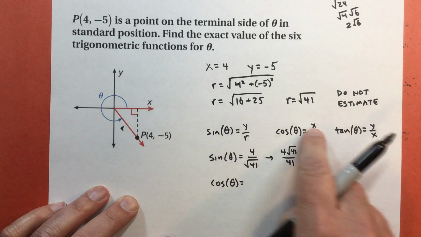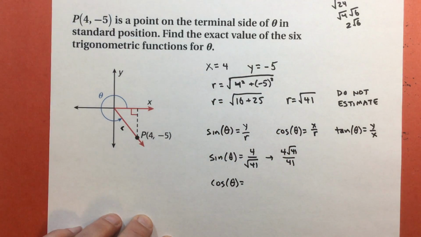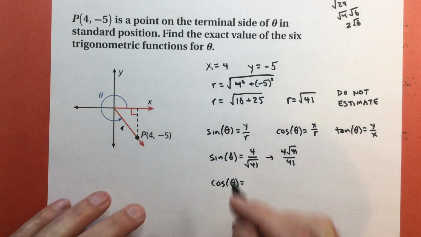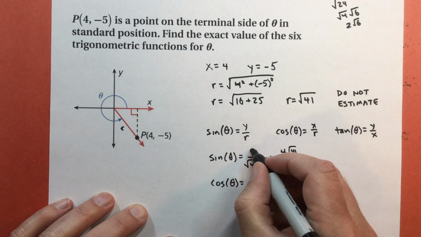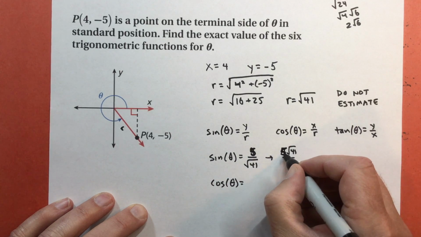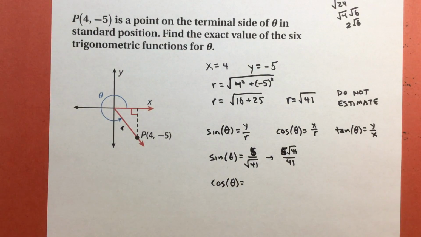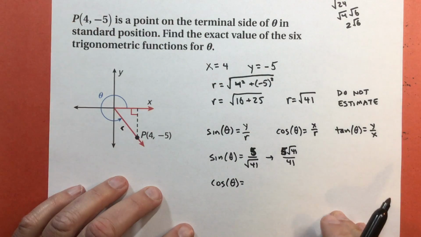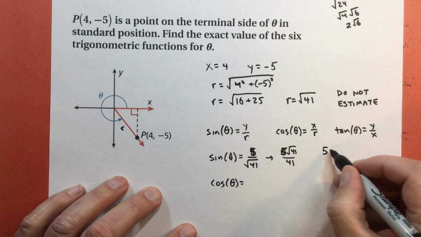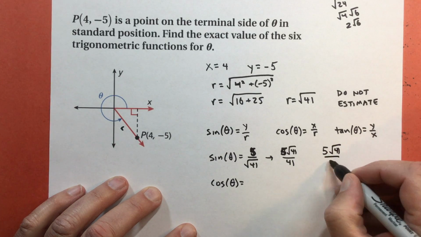Cosine takes x, which is 4. Oh, rats. Sorry. This was 5 from the previous part. And I just demonstrated a mistake that a lot of people make, and I even made it. I just grabbed the first one. I'm sorry. So it's 5 times the square root of 41 over 41.